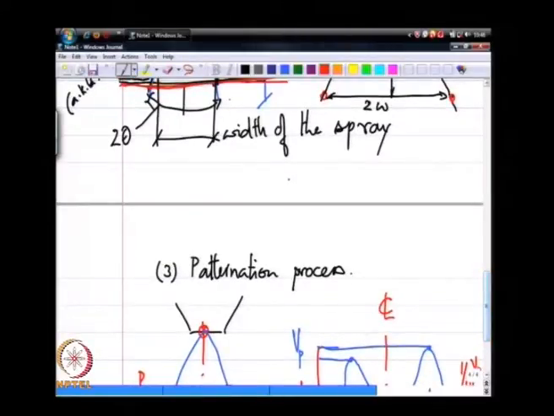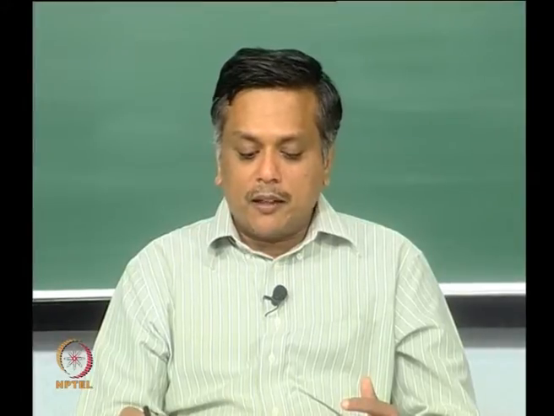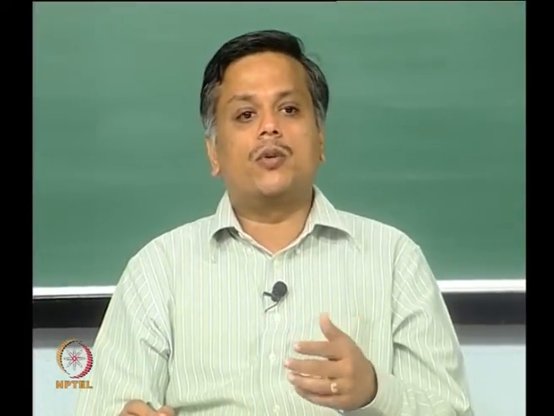So, I am using spatial information, but at one instant of time, whereas the patternation process is where you are accruing the information over time at one axial location. So, it is the old spatial versus temporal measurement techniques, but for this particular spray characteristic that we are interested in, both of these give reasonably the same answer.